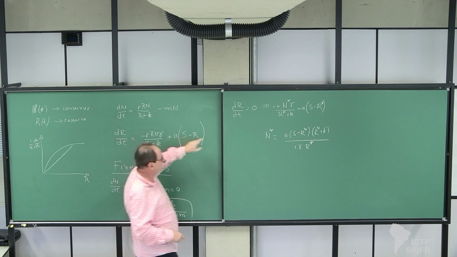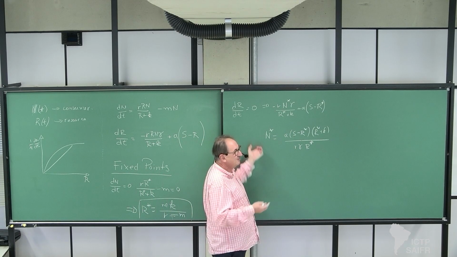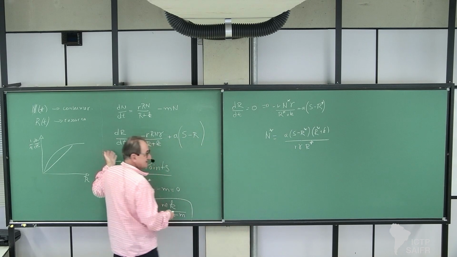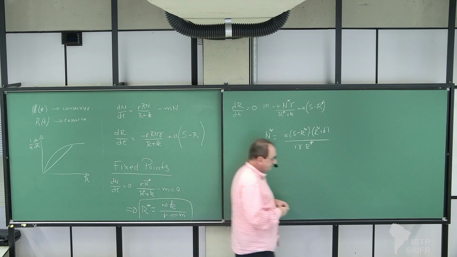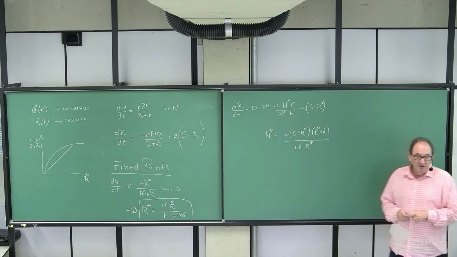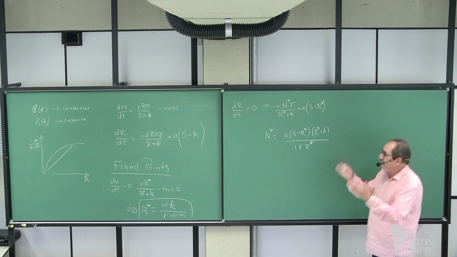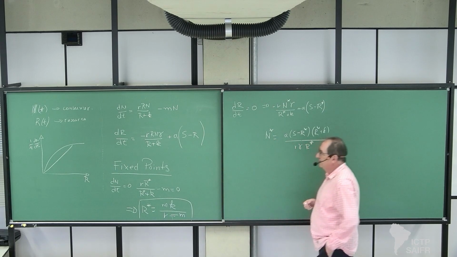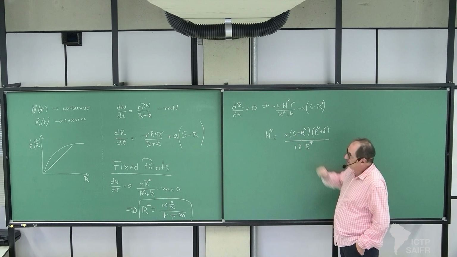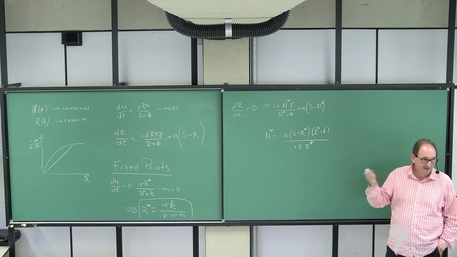Otherwise, n goes to 0, because 0 is also a possibility for n. So the death rate can be too big, and S has to be sufficient to maintain the population.